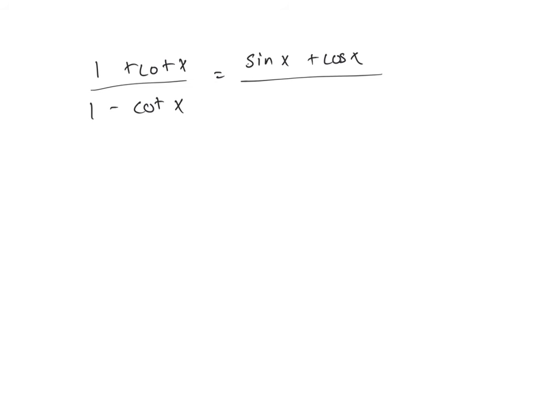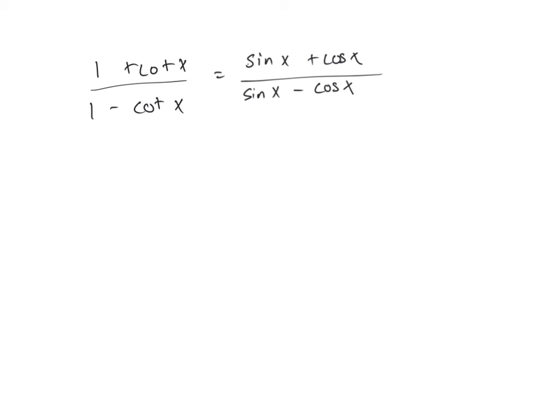Let's say we are given 1 plus cotangent of x over 1 minus cotangent of x equals sine of x plus cosine of x over sine of x minus cosine of x.